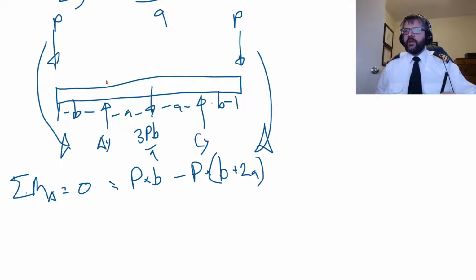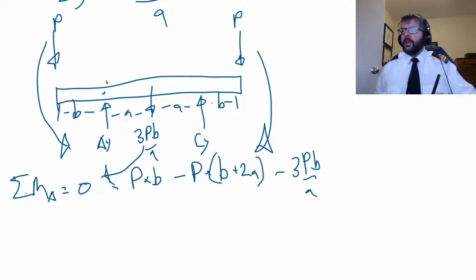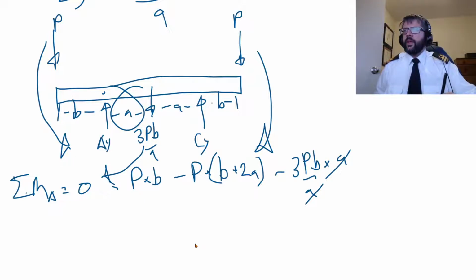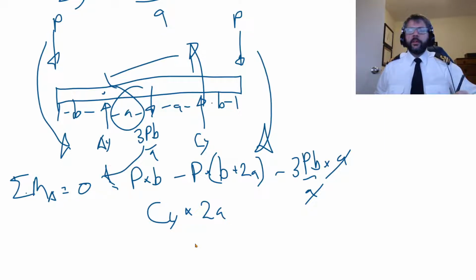And then we have the force at B. That is also a clockwise moment, so it's negative, minus 3PB over a times that a distance here, so those a's cancel out. And then we got Cy. Cy will be positive, so Cy times 2a. 2a is the span from there to there.